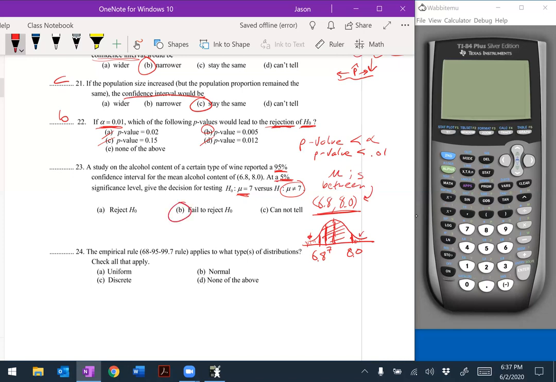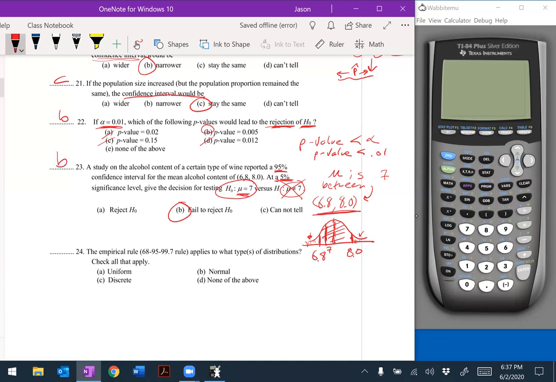I would accept that mu could be equal to 7, and I would not reject, because 7 falls in between these two.